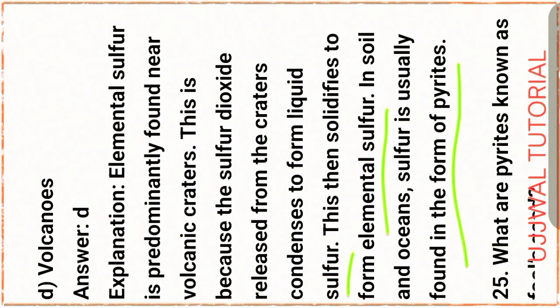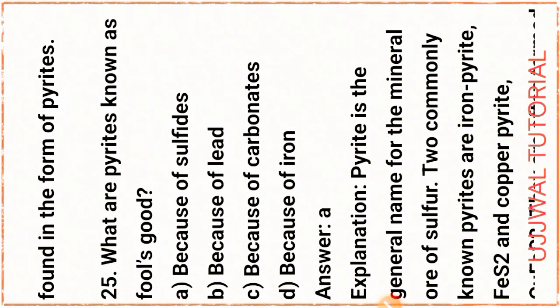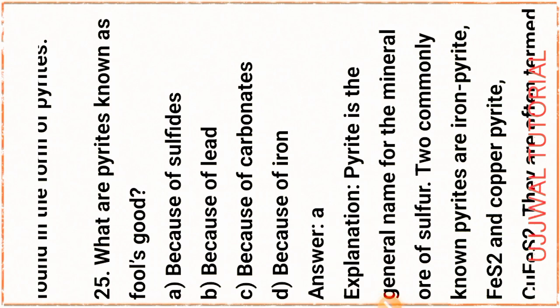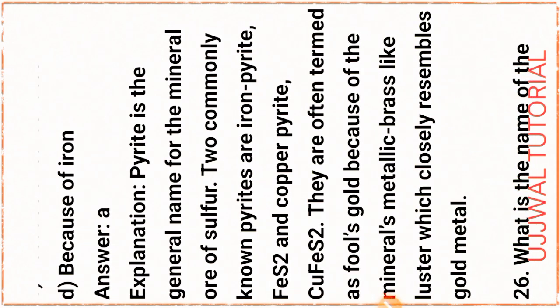Next question, number 25. What are pyrites known as? Fool's gold. Option A, sulfides. To explain for this part, pyrite is the general name for the mineral ores of sulfur.